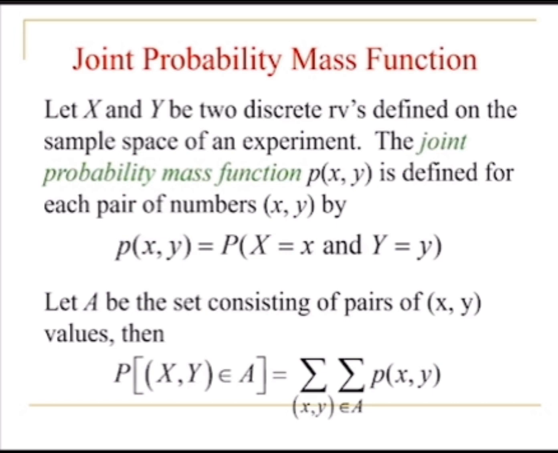Which means P of X comma Y: maybe I want to find the probability of an uppercase X equal to a particular realized value, and Y equal to a particular realized value. I'm talking about more than one variable, each representing different things, but they are both discrete. They may have different state spaces. The state space of X may be different from the state space of Y.